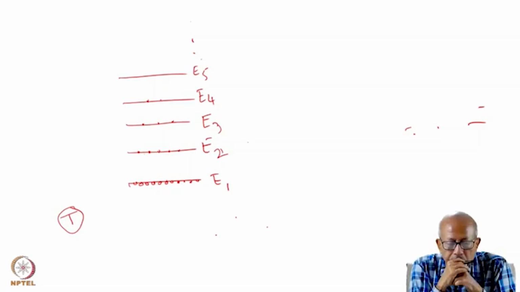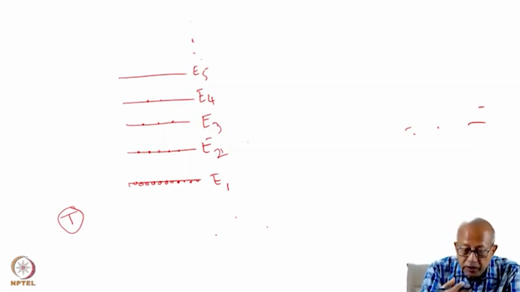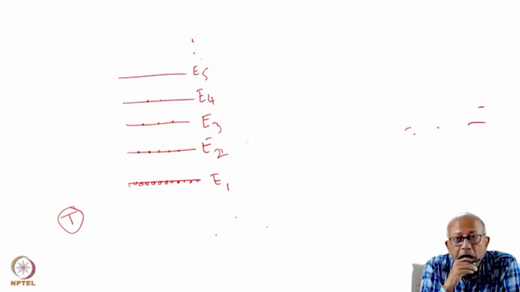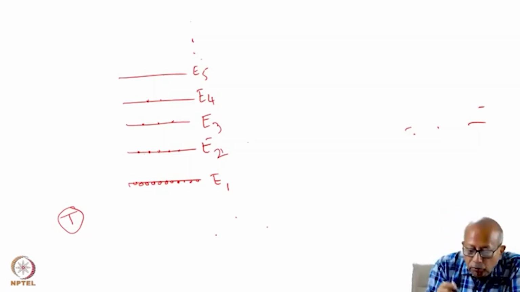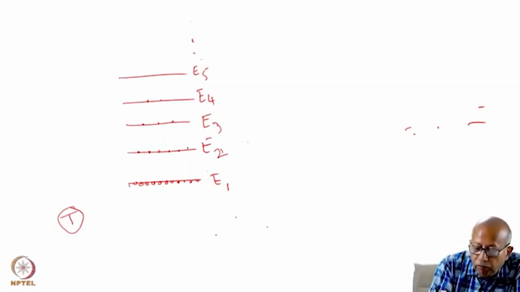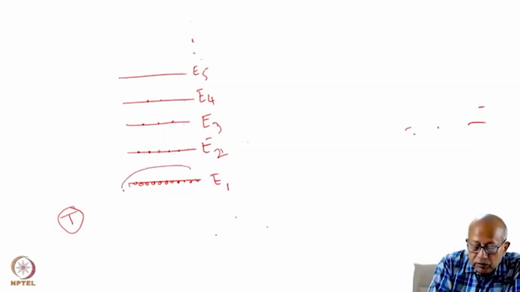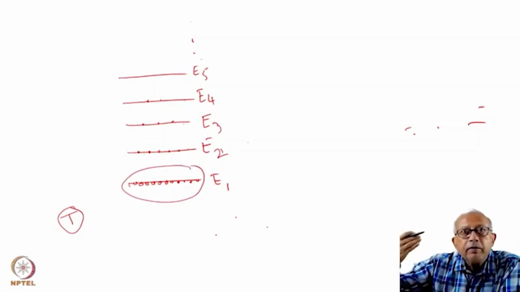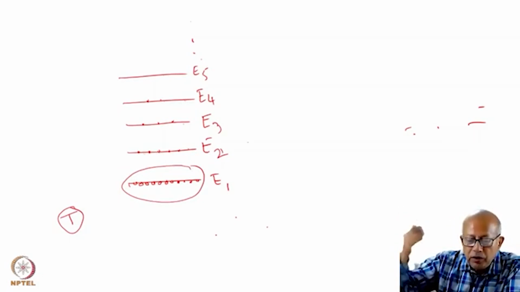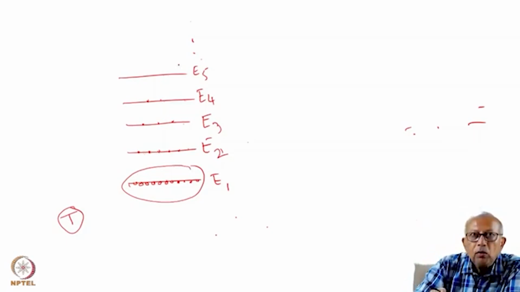300 Kelvin. Now, if you heat the system to a very high temperature, what will happen? From the Boltzmann distribution law, we know that as the temperature increases, the population of the higher levels increases, of course at the expense of the lower ones, and in the limit when the temperature goes to infinity, the population of all the levels is equal.